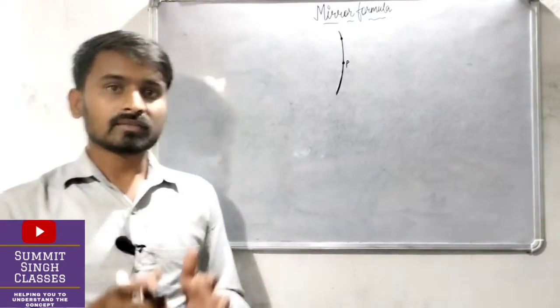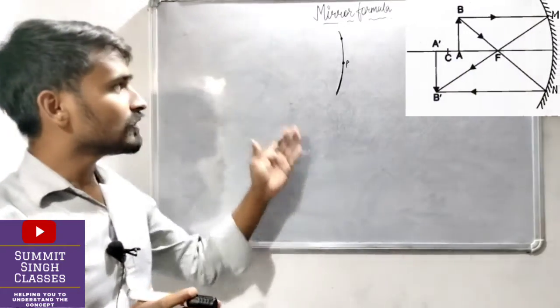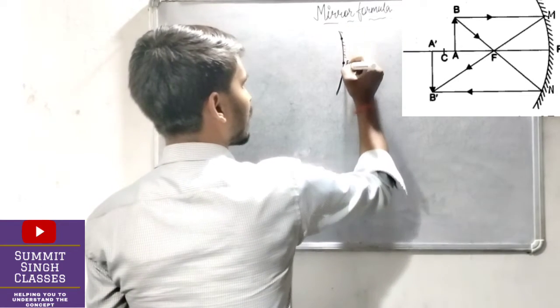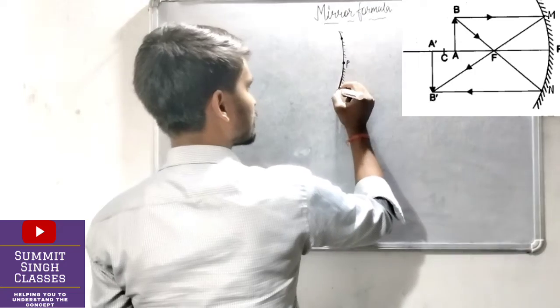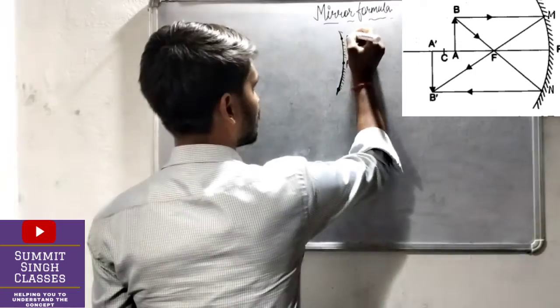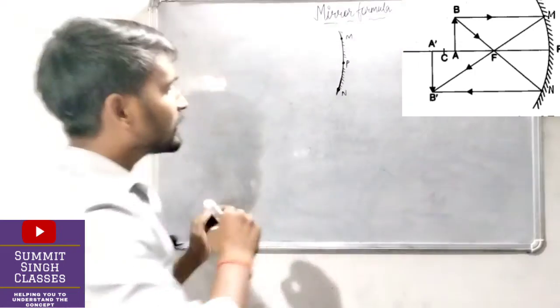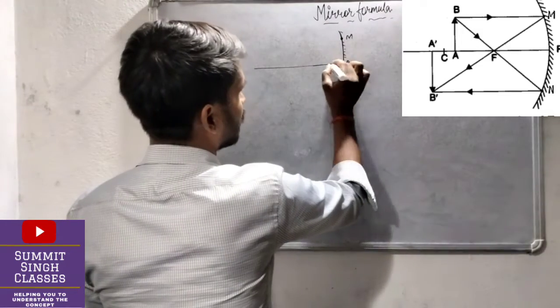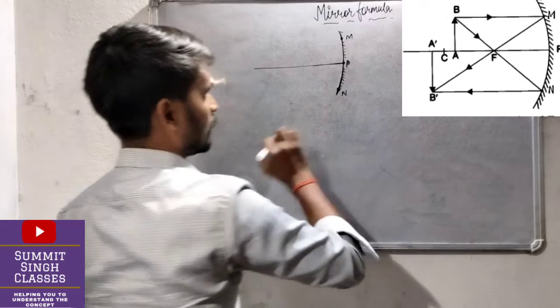Let us say we have a mirror MN. A mirror MN is given to us. This is M and this is N. In this mirror the principal axis is drawn, and this is the pole.